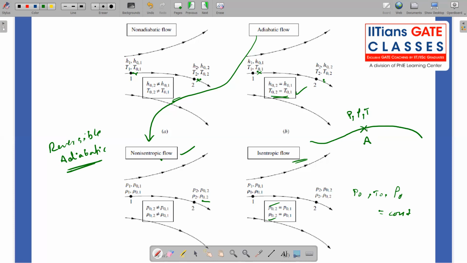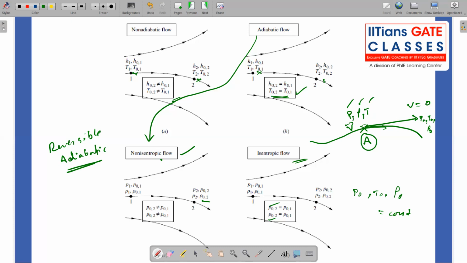I don't know whether it is coming to rest in an adiabatic or isentropic manner, but if I define it such that my flow is coming to rest from this pressure, density, and temperature, to velocity equal to 0, and I have some velocity v at this point, and it is coming to rest in an isentropic nature in a steady flow field with no friction and no body force, then whatever state it attains, P naught, T naught, and rho naught, those are the stagnation properties for a fluid element at point A, right?